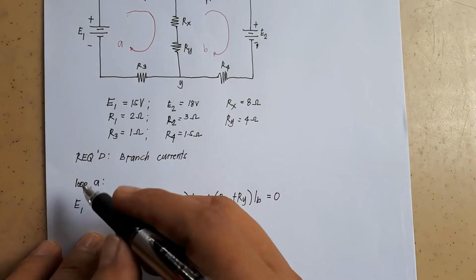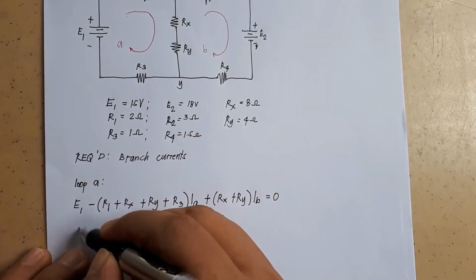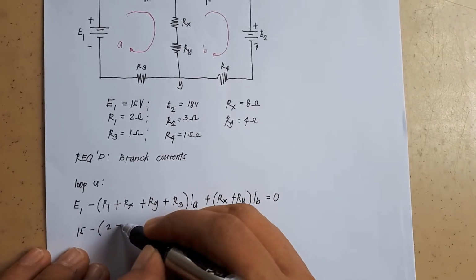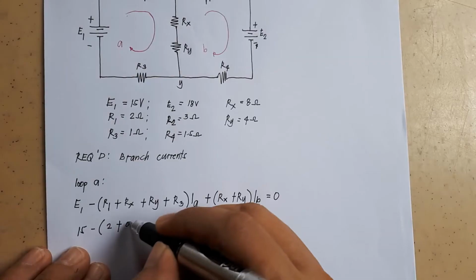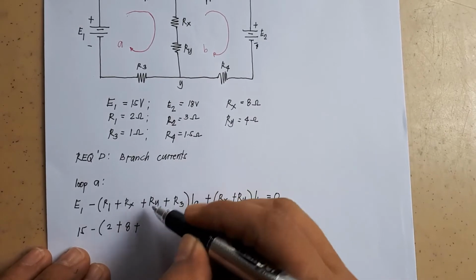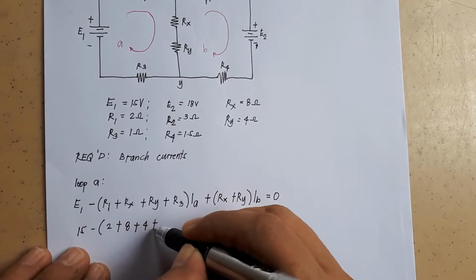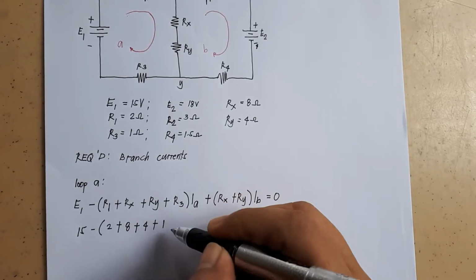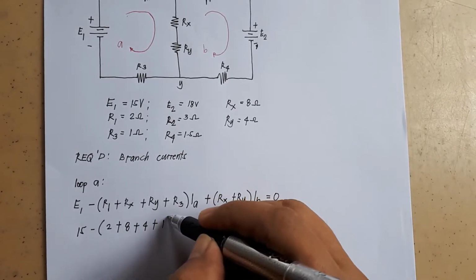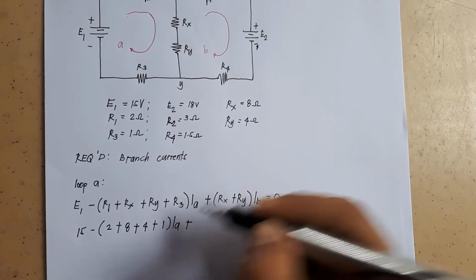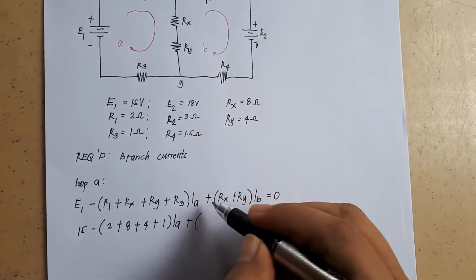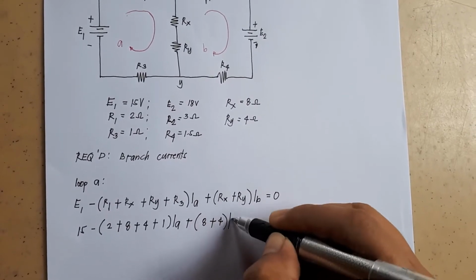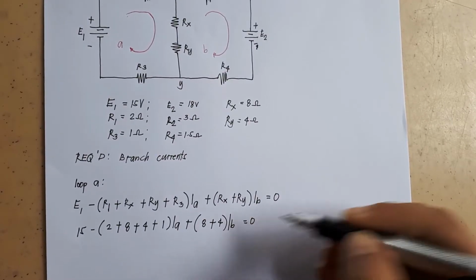Let's substitute the values now. For E1, we have 15 minus, R1 is 2, Rx is 8, Ry is 4, and R3 is 1. Later on we will simplify this. With the other term, we have Rx of 8, Ry of 4, and this time the current is IB, and that is equal to 0.